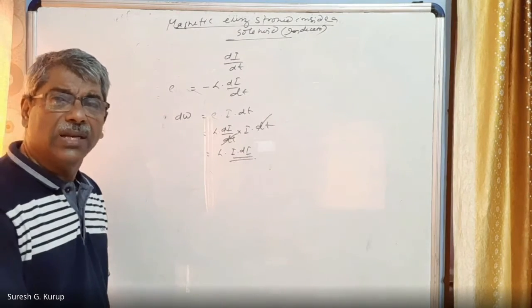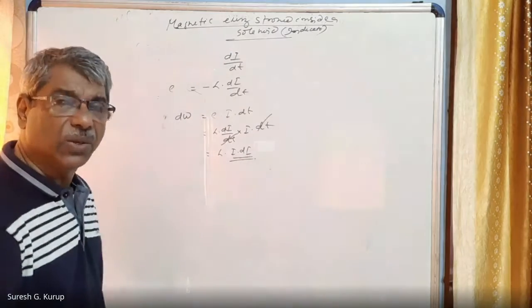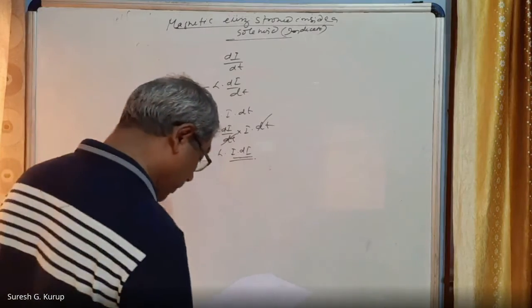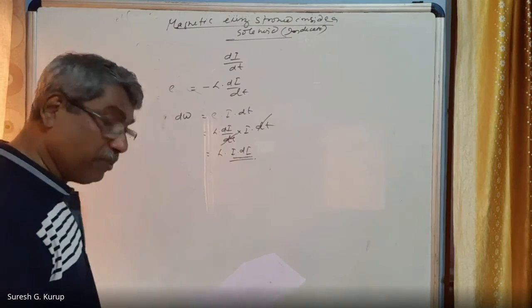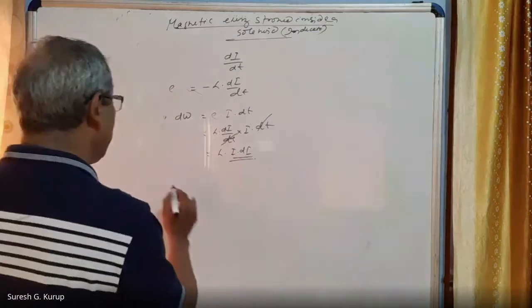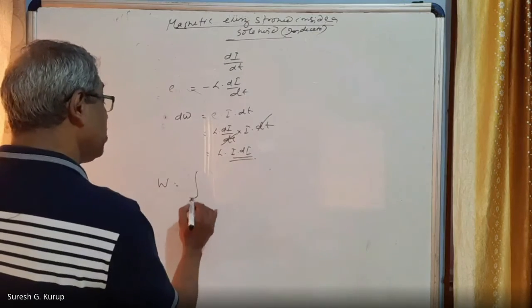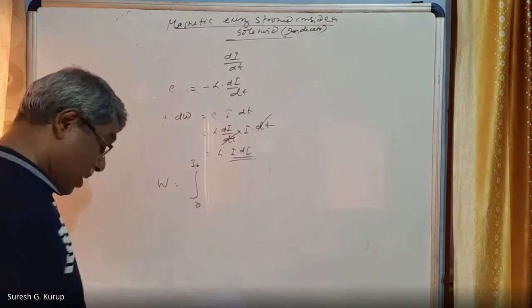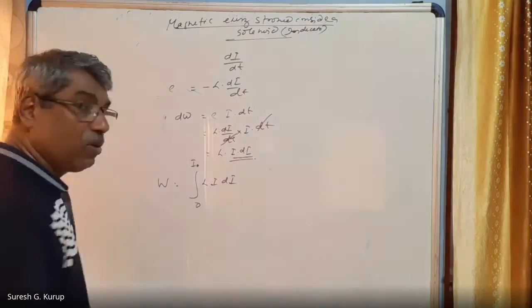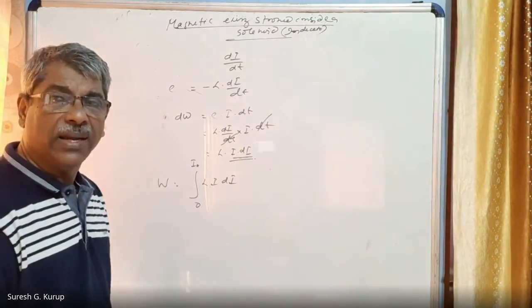If the current sent increases from 0 to I0, the total work done is given by W is equal to the integral from 0 to I0 of L I dI.